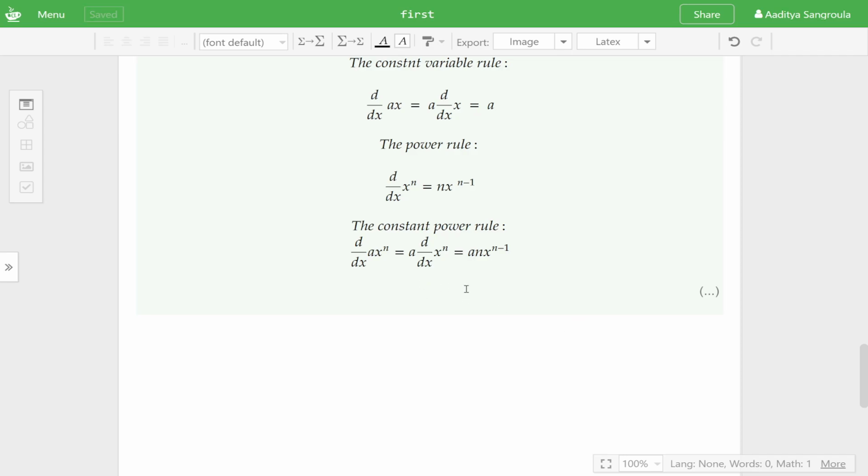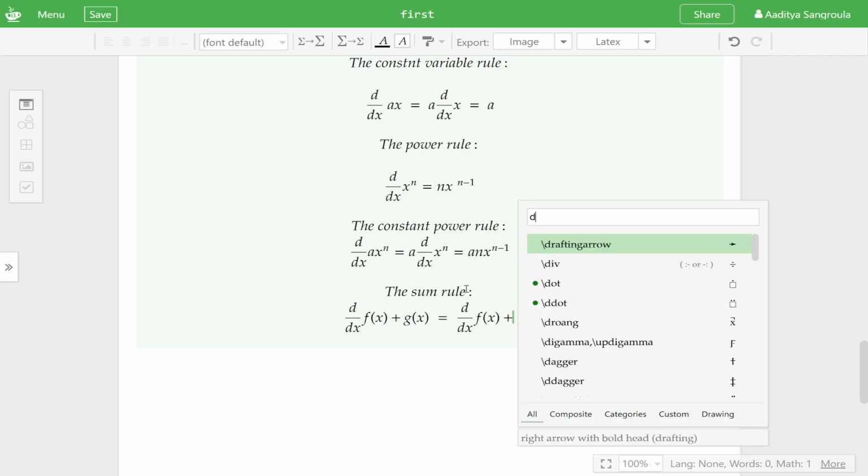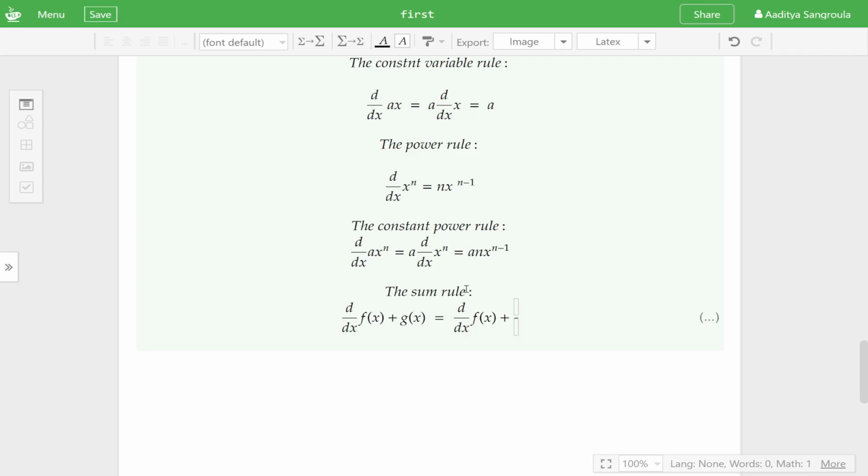For example, we have another rule, that's the sum rule. This is the actual name for the rule. The derivative of any function f of x plus g of x is equal to the derivative of f of x plus the derivative of g of x.